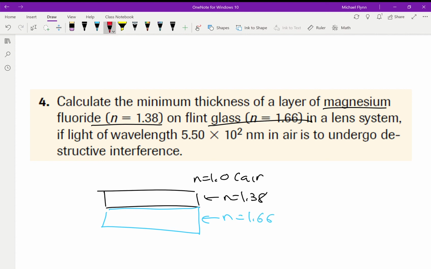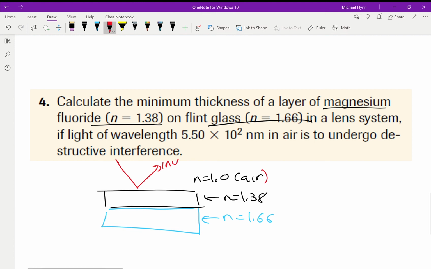Now if I draw my ray, oh, I'm sorry, I reflect off the wrong spot. If I draw my rays, the one that bounces off the top will definitely be inverted. That's a hard boundary, right? It's in air, and it's bouncing off of something more solid than air, that thin film.